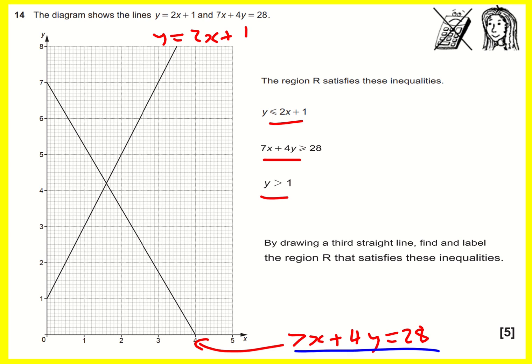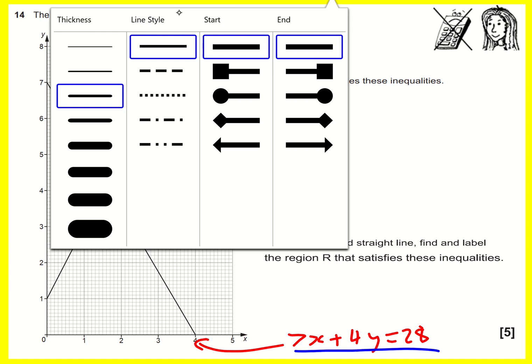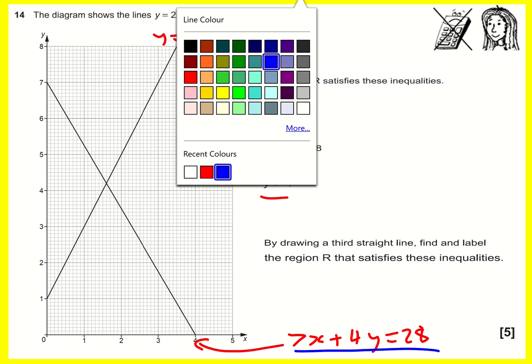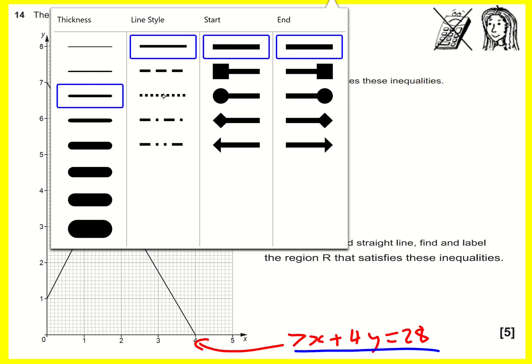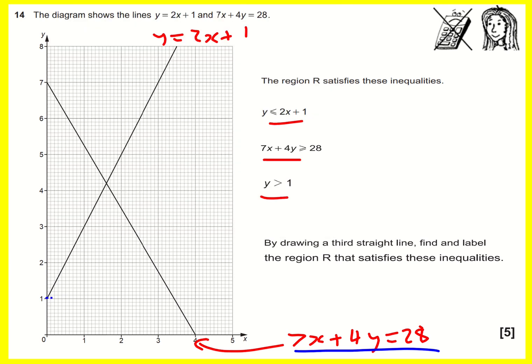The only other thing to do then is to draw this third line, which I'm now going to do, and that's y equals 1, or y is greater than 1. Just realised actually they've been a bit sneaky here. They've done less than or equal to and greater than or equal to, so technically we should do a dotted line here because it does not include 1.